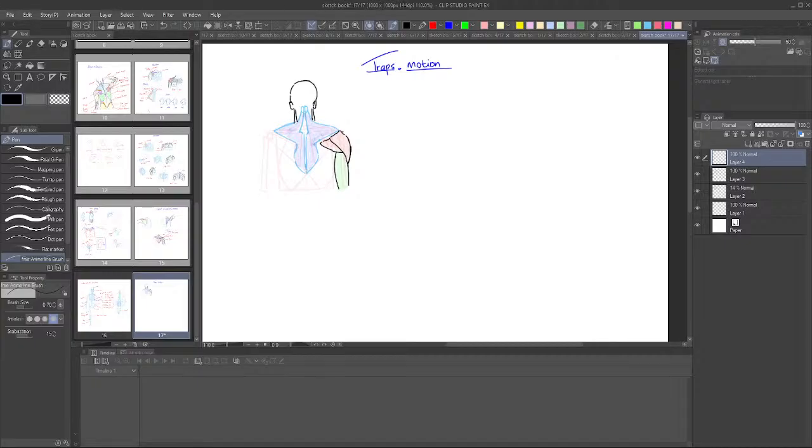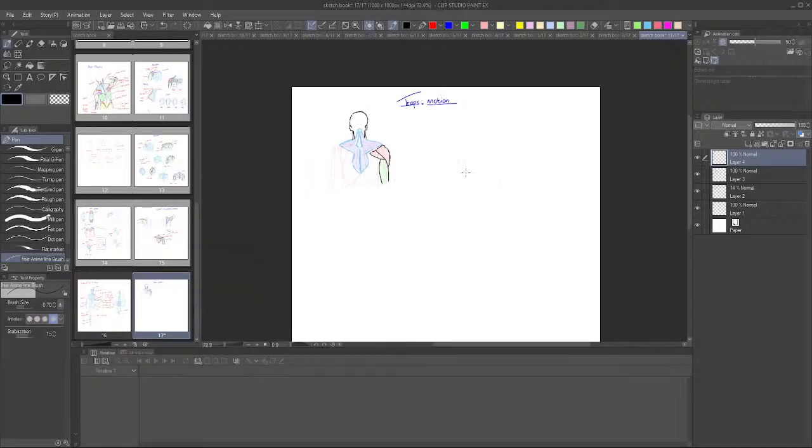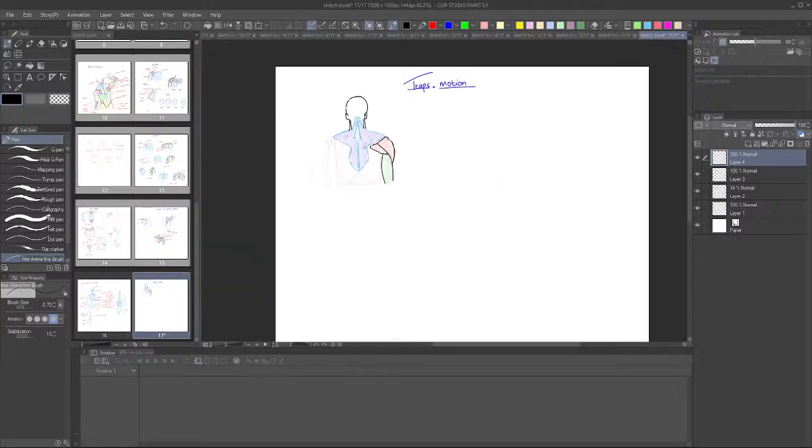Okay, so this is one pose. We need like 6 more other poses, I'll show you how it affects the rest of the body. So with that in mind, I think this is enough for today's anatomy class.